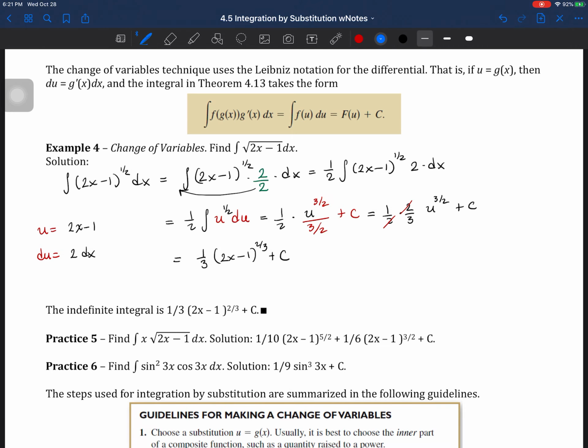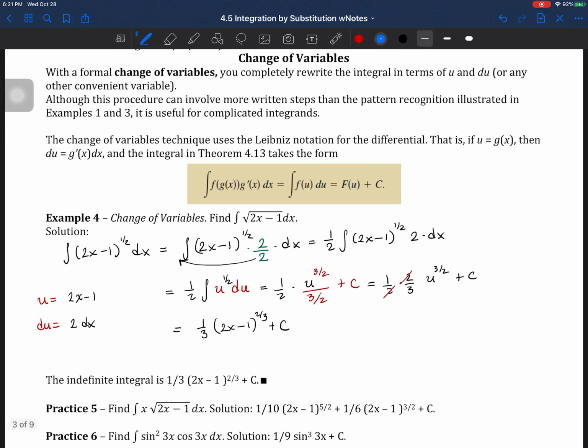Let's change variables. The change of variable, real quick, is for times where you are actually changing the function in terms of u and the derivative dx in terms of du. So everything is turned into u to make it look like a simpler function.